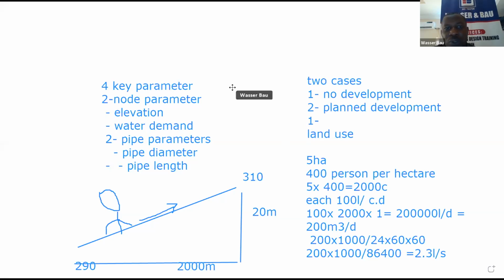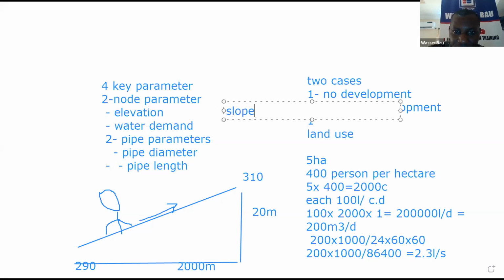So the slope of the land will be, and that slope will be here, the angle.